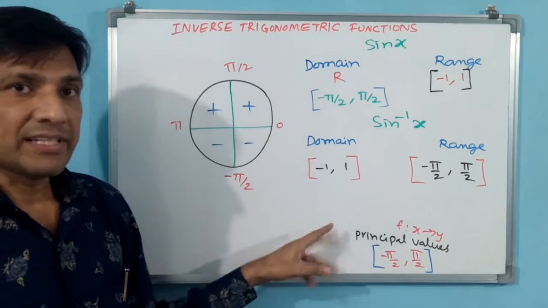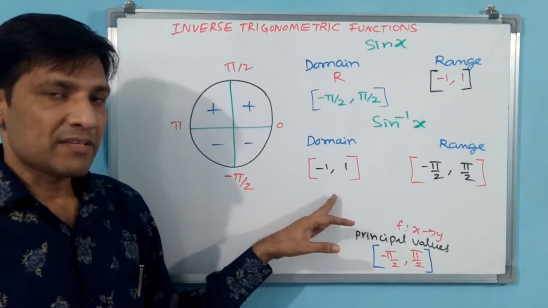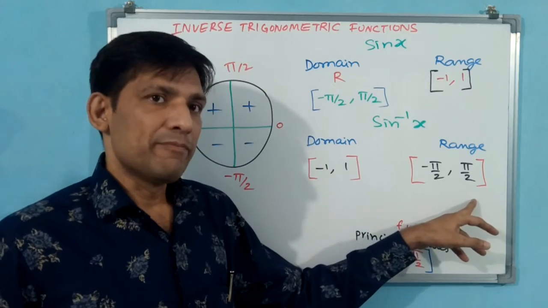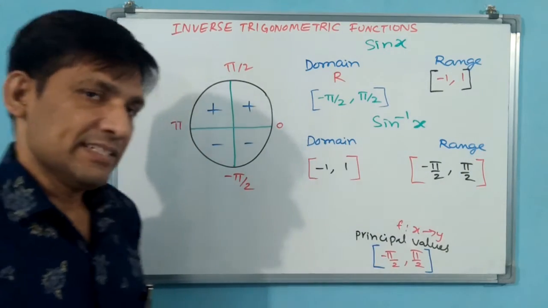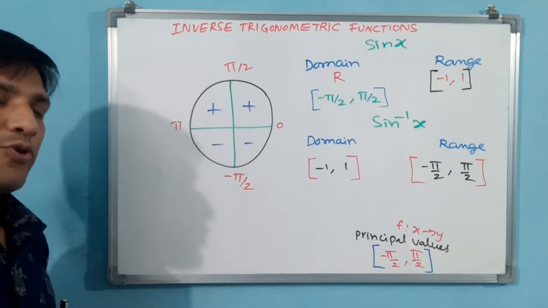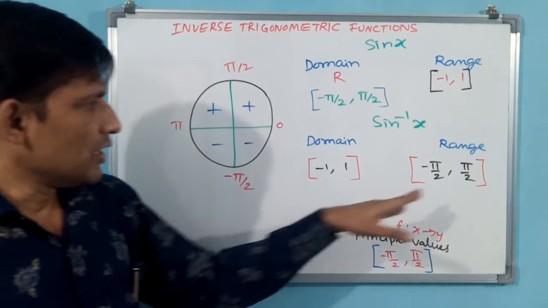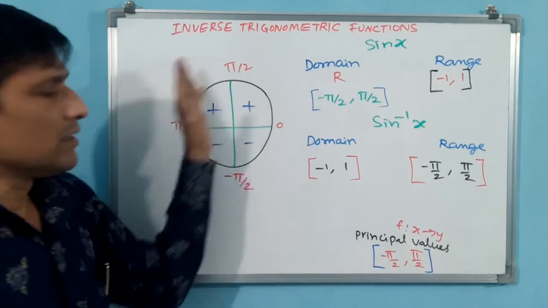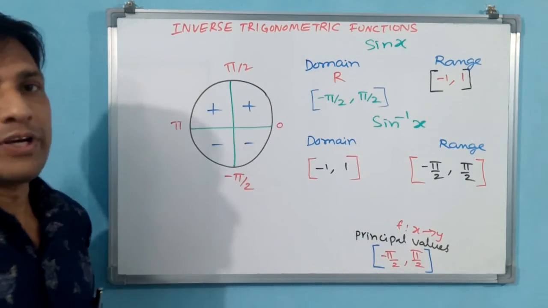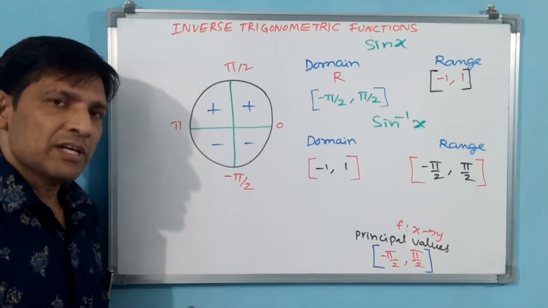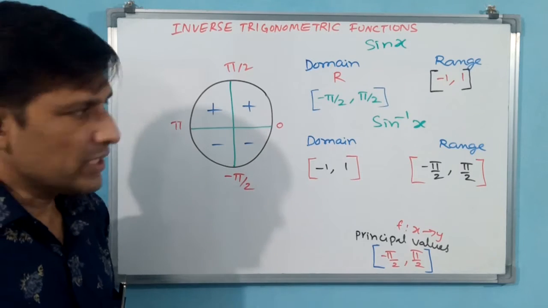But for sin inverse x, the closed interval minus 1 to 1 is the domain, and the closed interval minus pi by 2 to pi by 2 will be the range. This only you have to write, or else you are going to make mistakes. Because if this is the condition, principal values, then only is the function going to become one-one and onto, and then it is going to become an inverse.